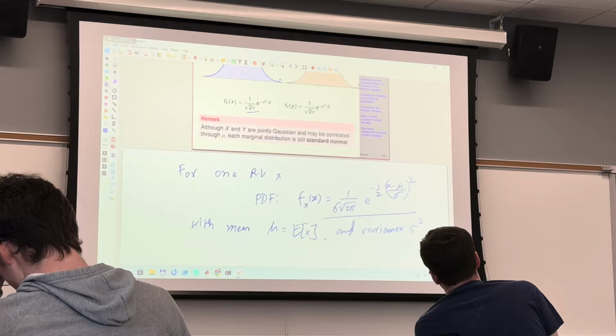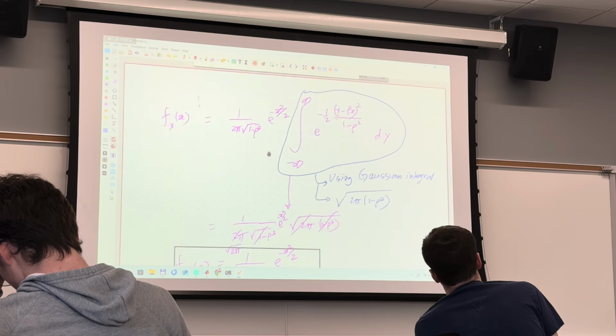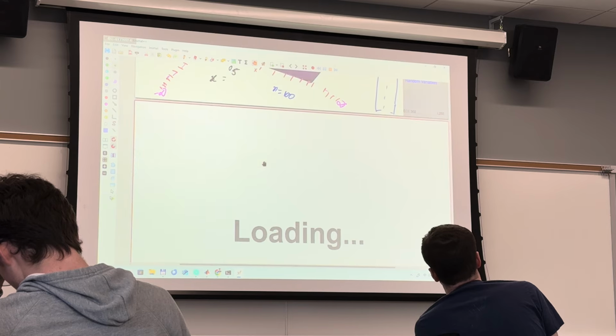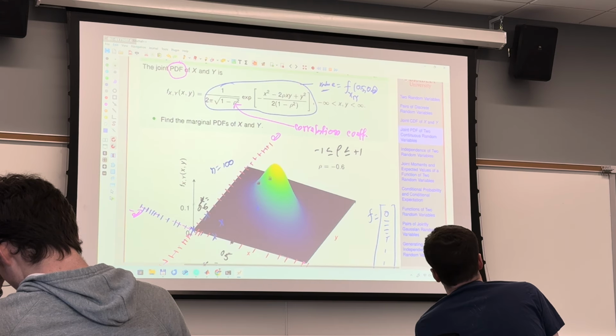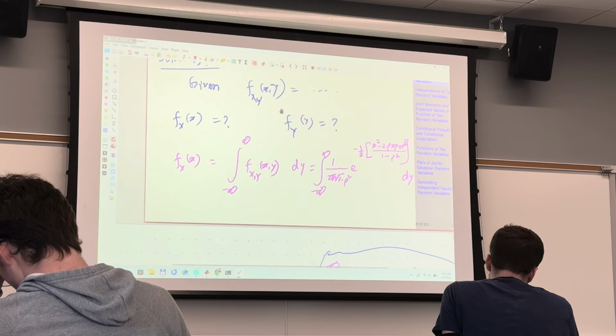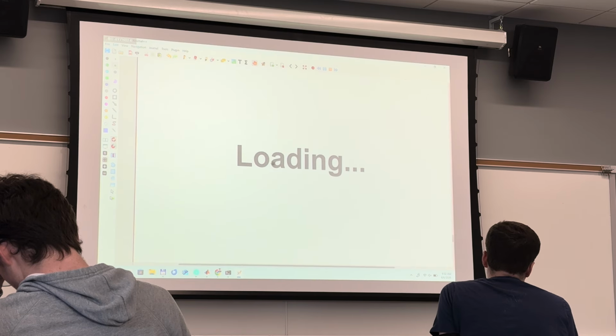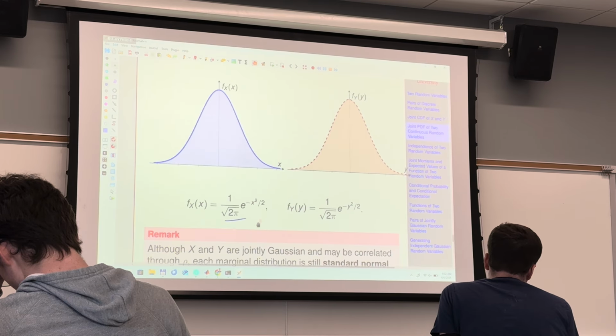And because mu equals 0, sigma equals 1, see how I interpret. So the marginal PDF of this joint PDF becomes a standard Gaussian variable with parameter 0 and 1.